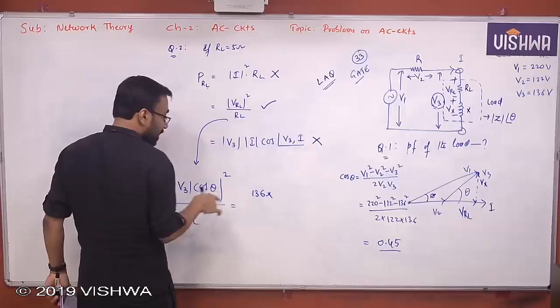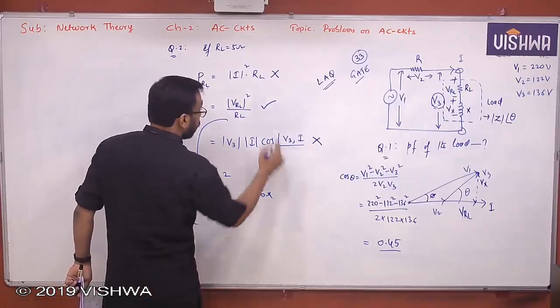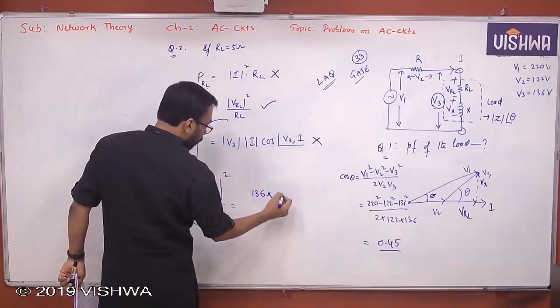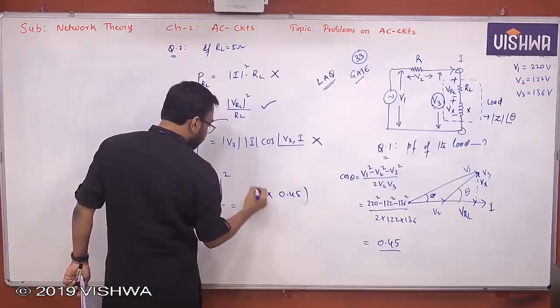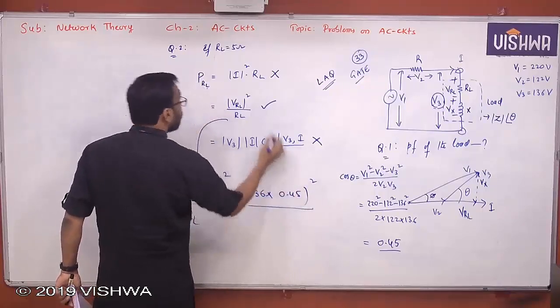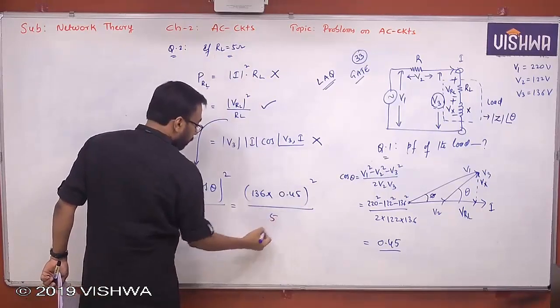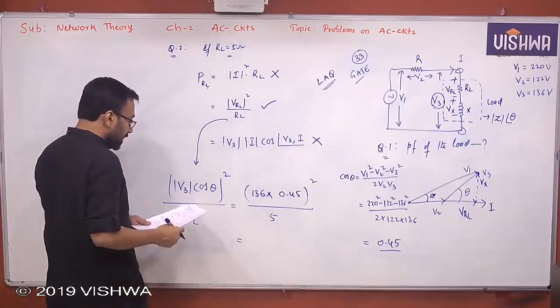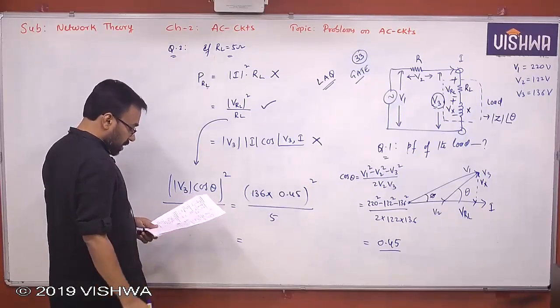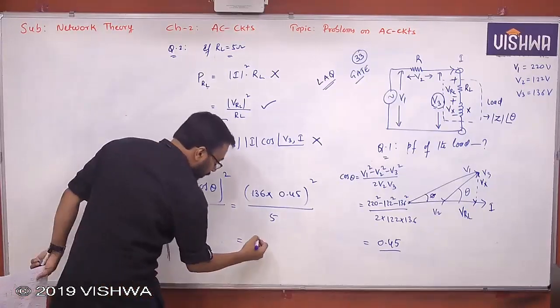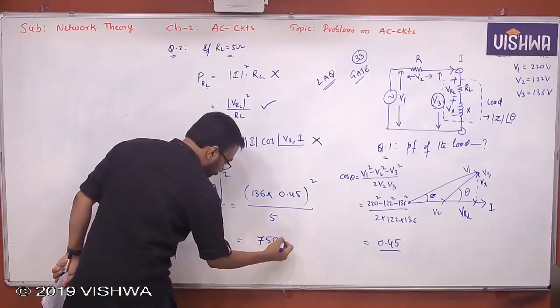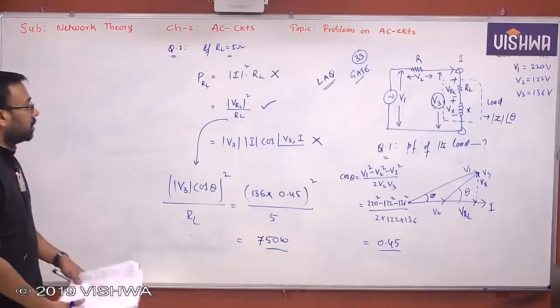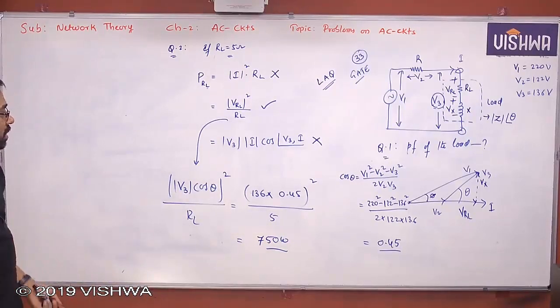Unless you know cos theta, you cannot find anything here. You cannot find the power of RL. So 0.45 square by, what is R? 5. That's it. If you simplify V3 cos theta, you will get a value of approximately 750 watt. Understand all of you? So V3 is 136 cos theta, 0.45, whole square.